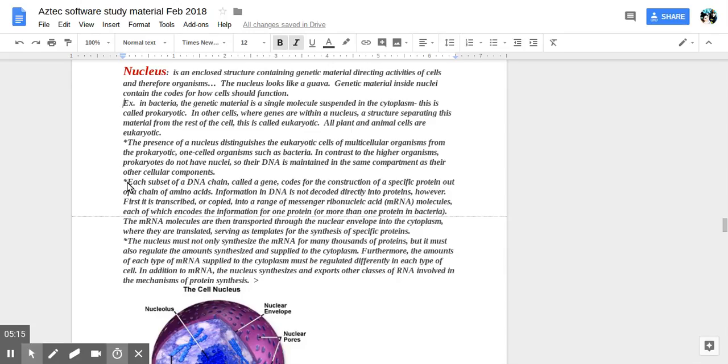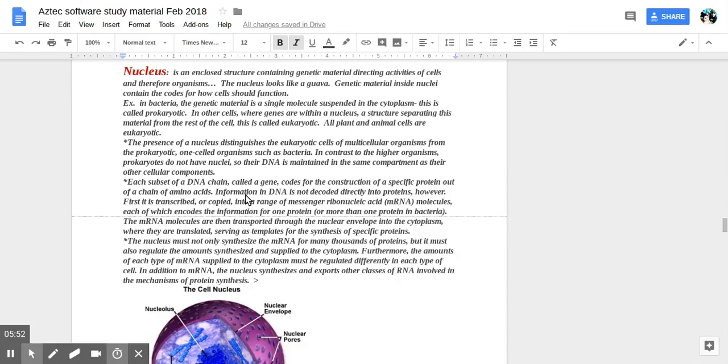Each subset of a DNA chain, called a gene, codes for the construction of a specific protein out of a chain of amino acids. Information in DNA is not decoded directly into proteins. First it is transcribed or copied into messenger ribonucleic acid, mRNA molecules, each of which encodes the information for one protein or more than one protein.